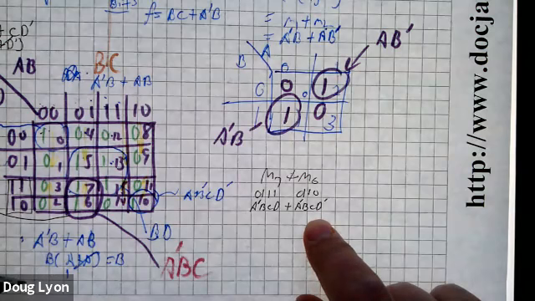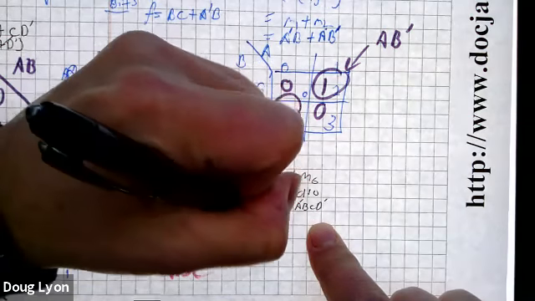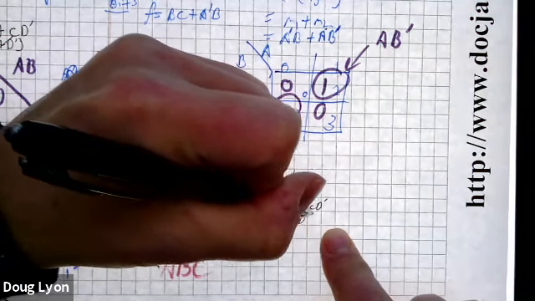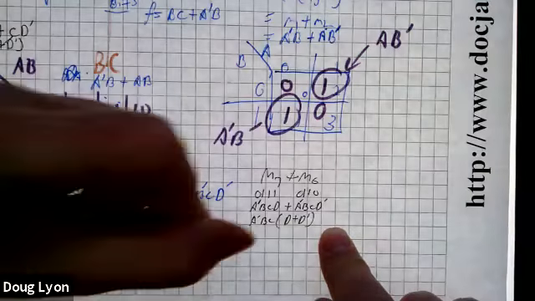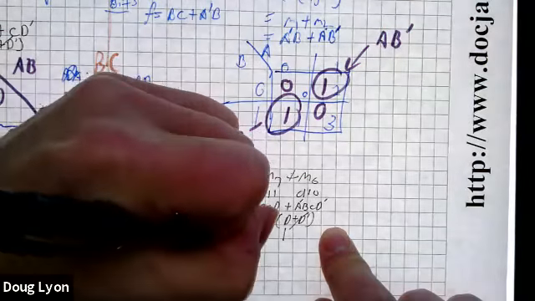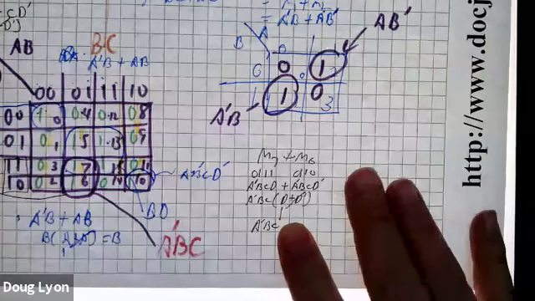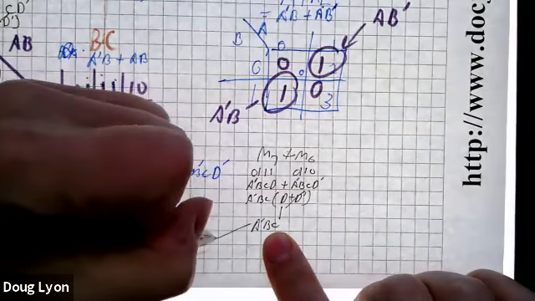One thing you can do is factor out the D. So now you have A prime B C times D or D prime, which is equal to 1. That leaves you with A prime B C, which is what we wrote over here.